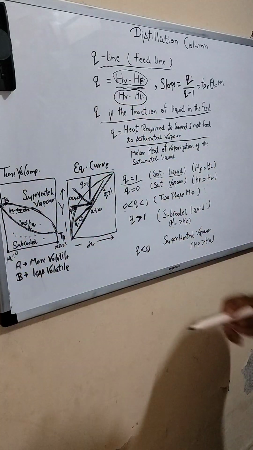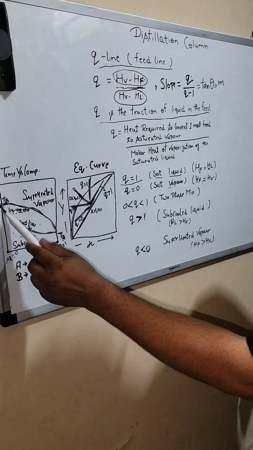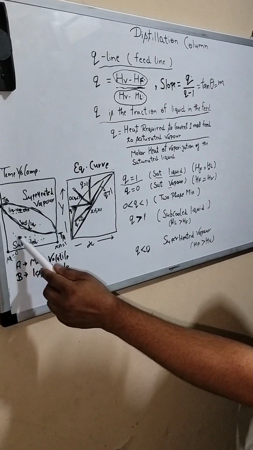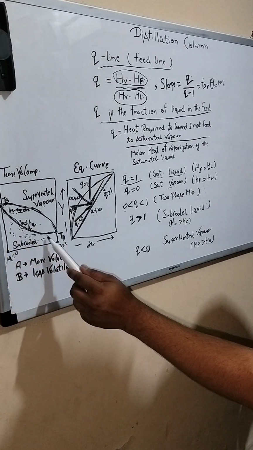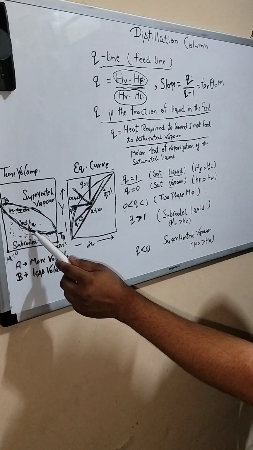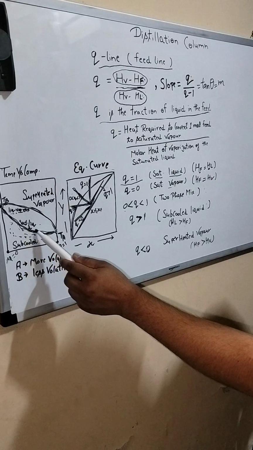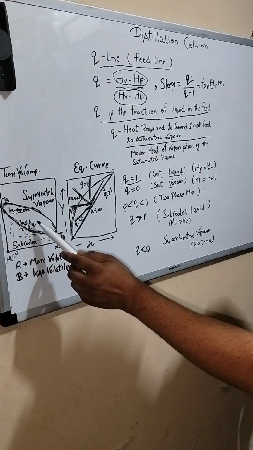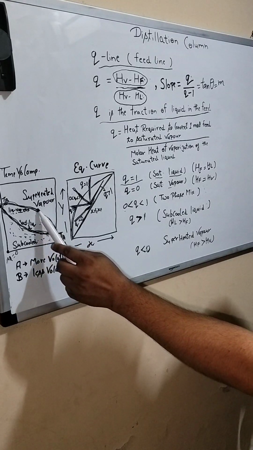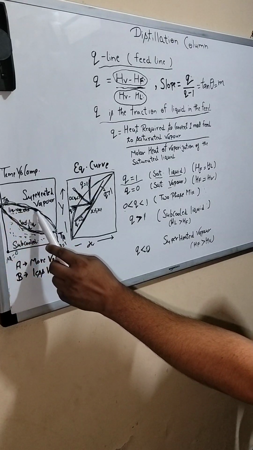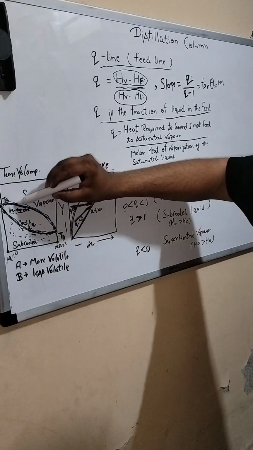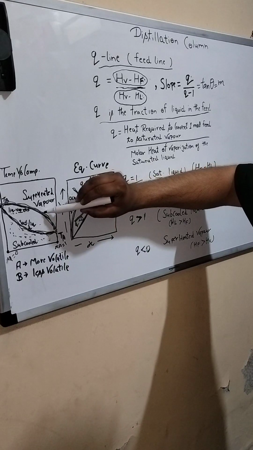When we draw the graph, below this curve all the portion is subcooled liquid, and this curve shows the saturated liquid. It is also known as the bubble point curve, and this other curve is known as the dew point curve. Between these, it is the saturated vapor, also known as the dew point.